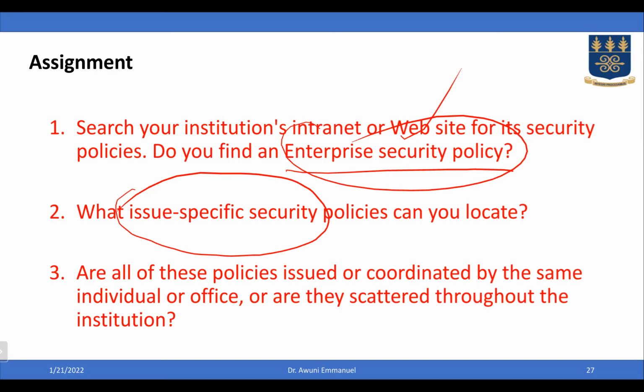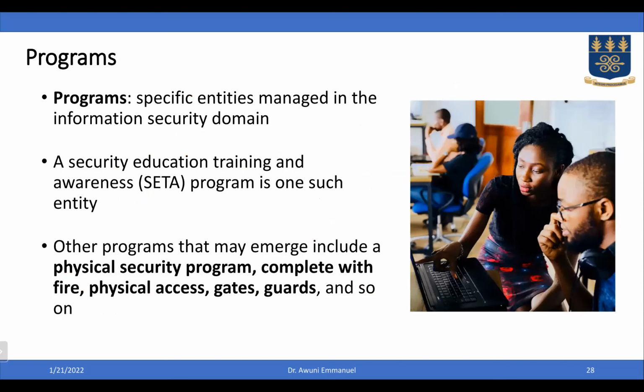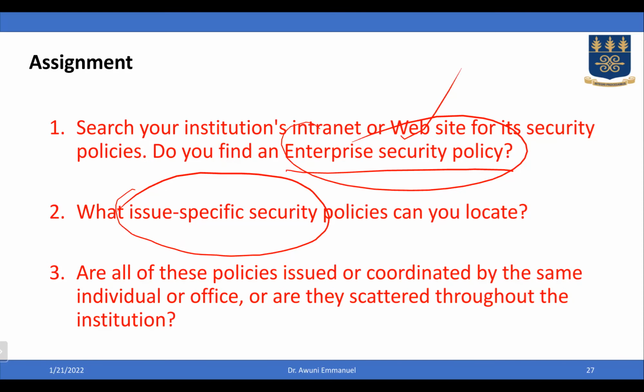But anyway, Bennett, your hand is up. Yeah, about the CIA triangle. The triad, yes.